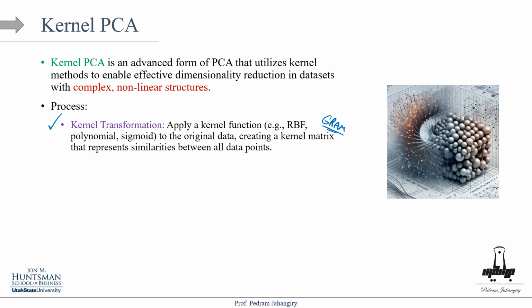So imagine we are in 2-dimensional space. We have x1, x2, right? And this is the data. I'm just making up some stuff. And we can go ahead and apply this kernel function, whatever it is, to every single pair of data. Let's say I have 100 observations. If I apply this kernel to those 100 observations, it's going to give me a matrix, and this matrix is going to be 100 by 100.